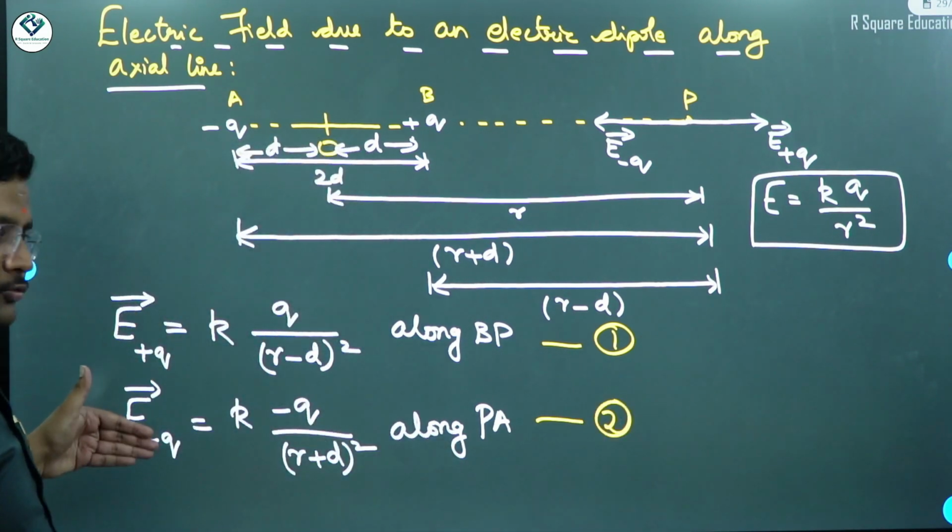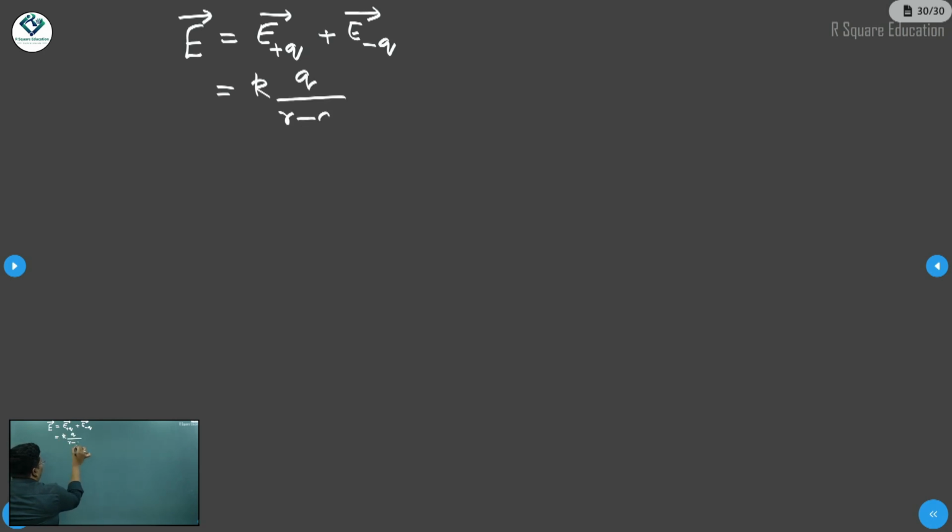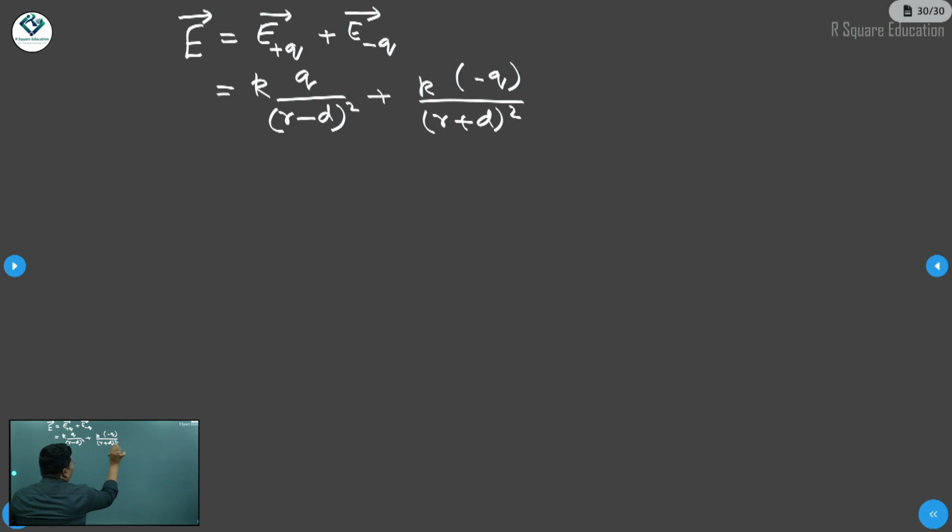So now you have two electric fields. One is due to the positive charge and the other is due to the negative charge. Right? So now what we have to do? Total electric field is nothing but E plus Q plus E minus Q. So E plus Q was K Q by (R minus D) whole square plus K (minus Q) by (R plus D) the whole square.